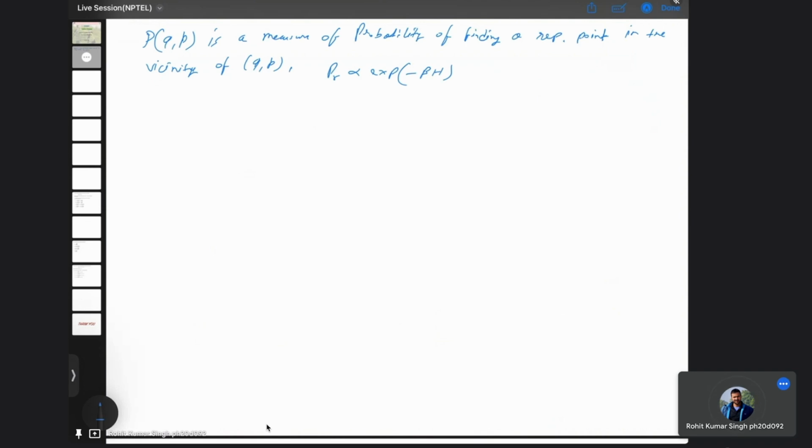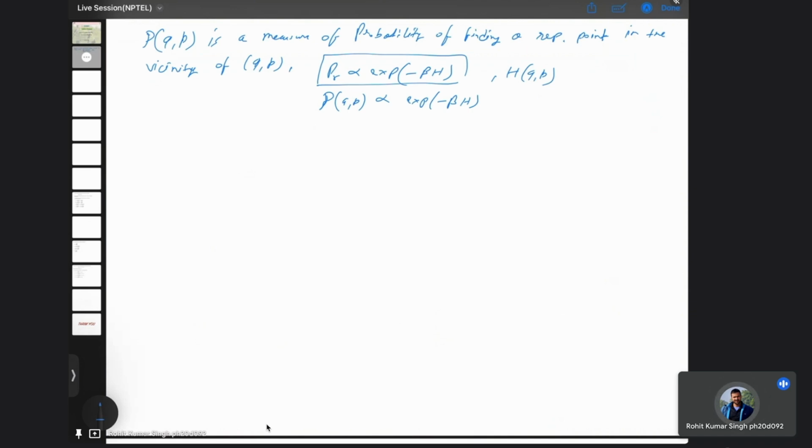This density function is also proportional to the same quantity, where H is the Hamiltonian.